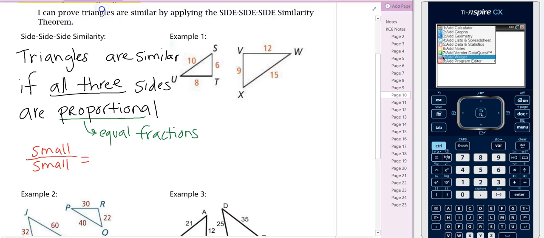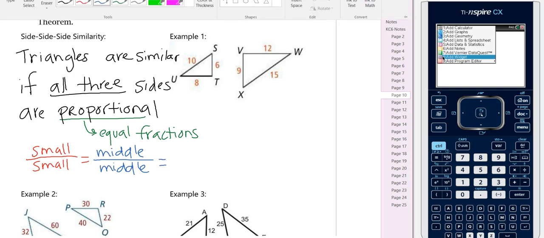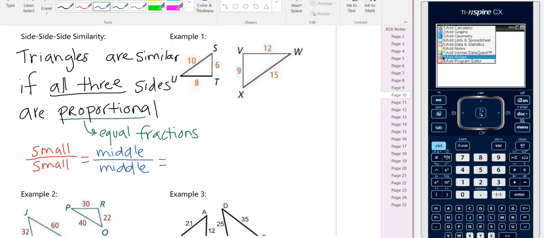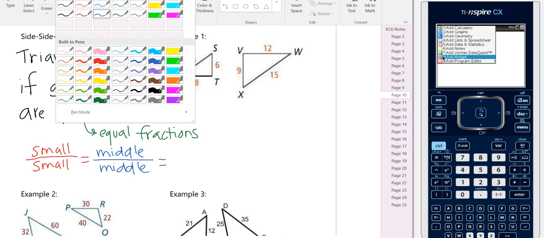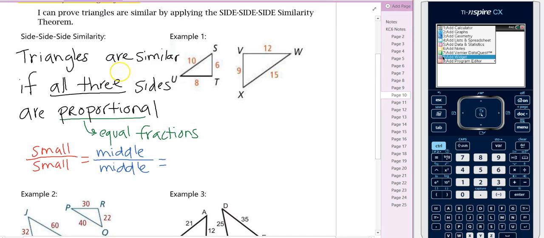That same fraction is going to equal the middle side, the one that's not the biggest or the smallest, and that equals the largest side, big side over big side. All three fractions will eventually simplify to be the same.